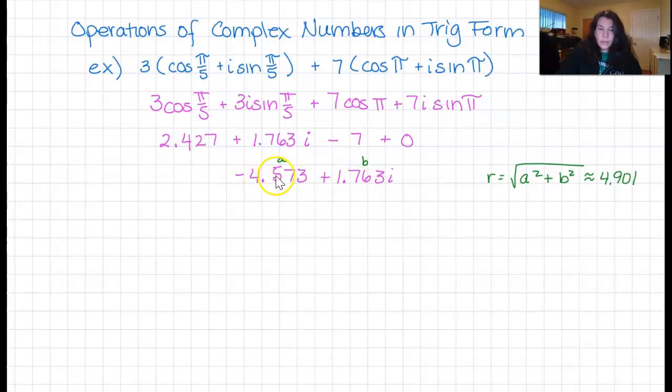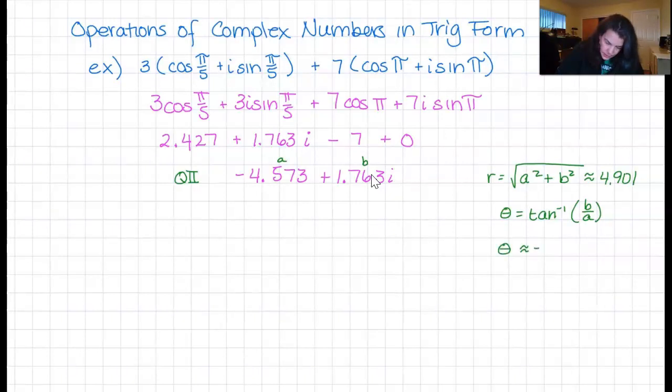And then if you think about where this is going to be, in quadrant 2. You're going to go negative 4.573 on the real axis and then up on the imaginary. So this is going to be in quadrant 2. So I have to keep that in mind. So when I do theta is tan inverse b over a, 1.763 divided by negative 4.573, I'm going to get theta is about negative 0.367.